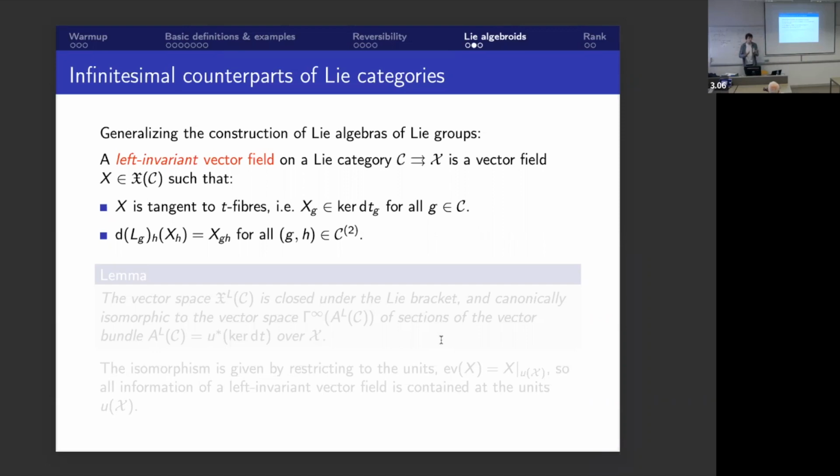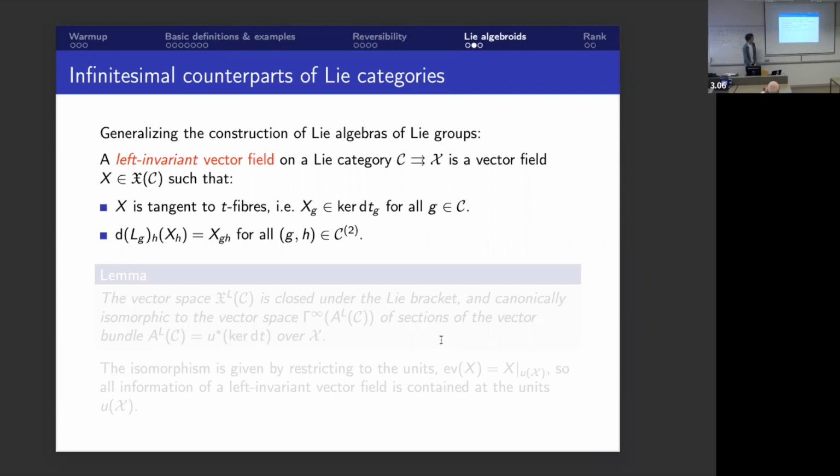You could always multiply any two elements of your Lie group. But now, again, there's the obstruction that not every two morphisms are composable. Of course, you're in a category, right? So you can only expect this particular thing for composable morphisms.